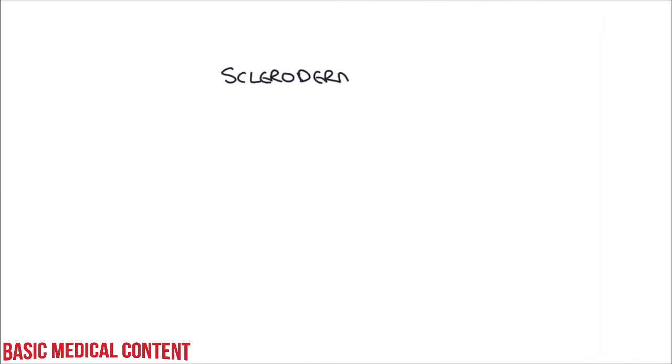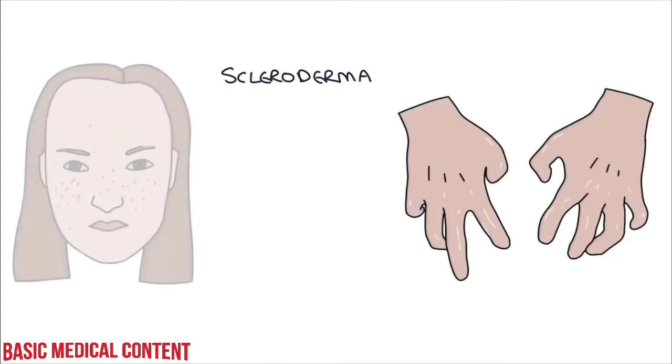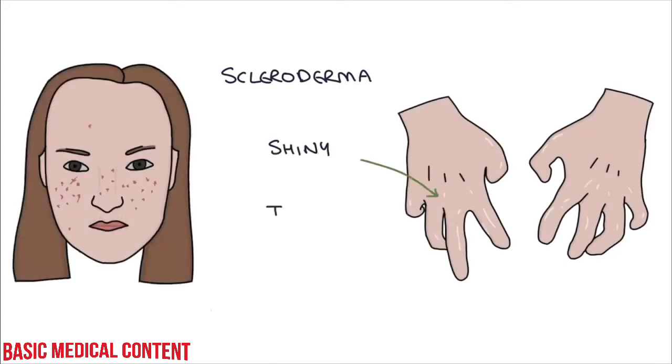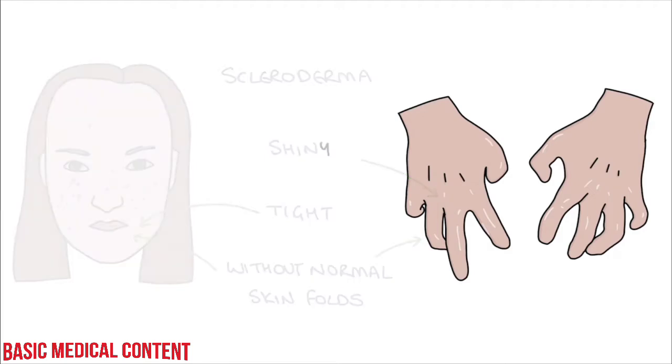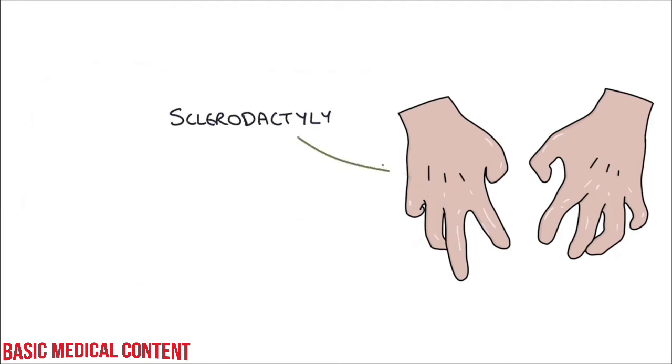Firstly, scleroderma refers to hardening of the skin, and this gives it the appearance of shiny, tight skin without the normal skin folds that you would find in normal skin. These changes are most notable on the hands and on the face, where you get tight, shiny skin. Next is sclerodactyly, and this describes the skin changes in the hands.